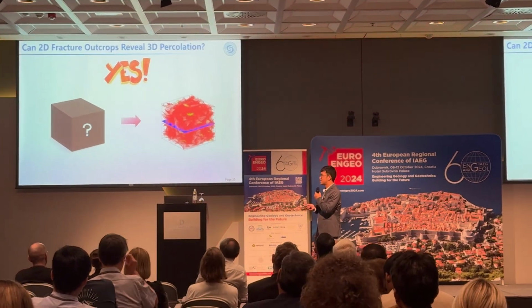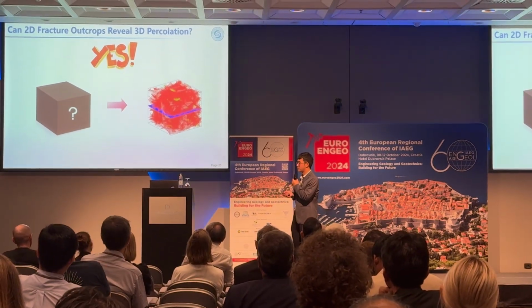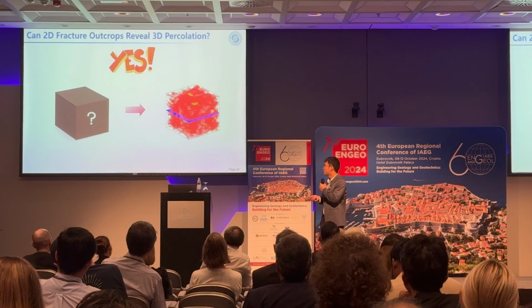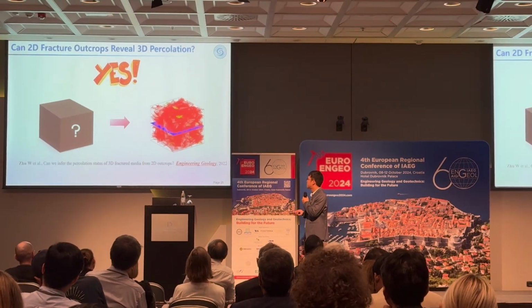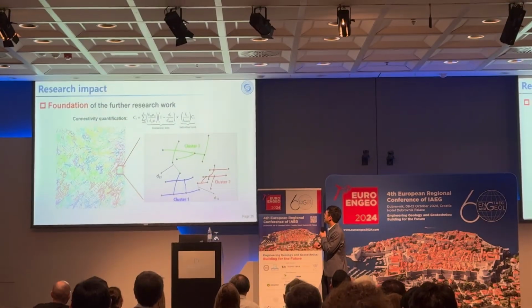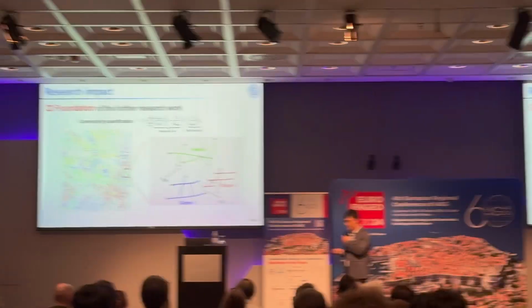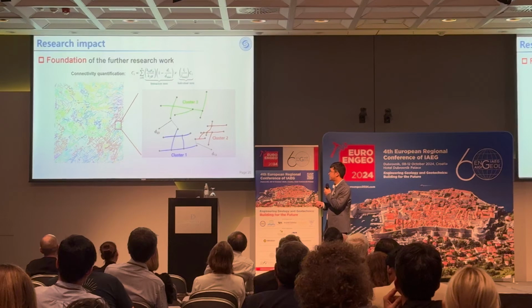The most important characteristic of these 3D fracture networks is the population status, from the observation of 2D outcrops. And we have published this paper in Engineering Geology, and this work has greatly deepened our understanding of the subsurface fracture networks.